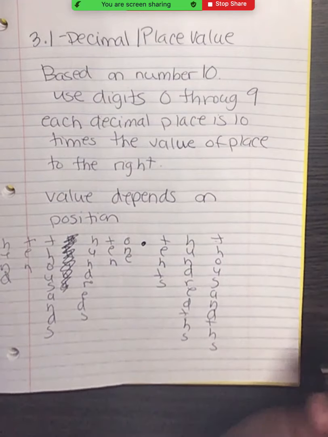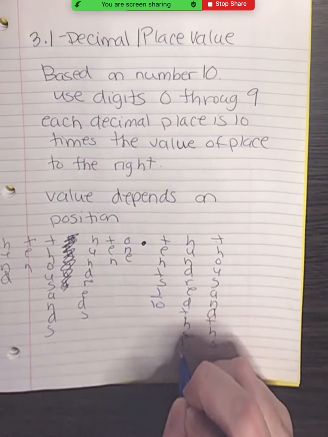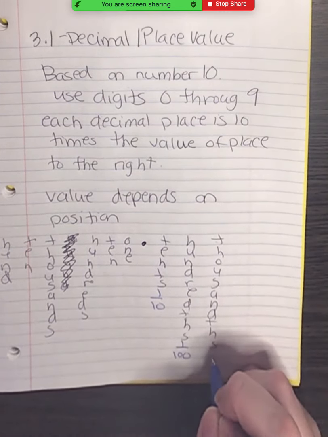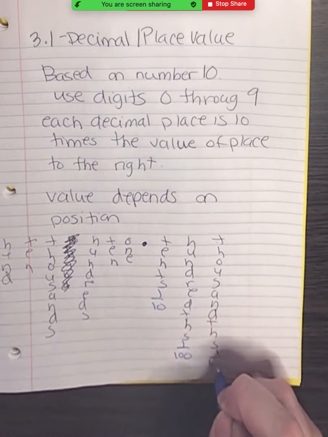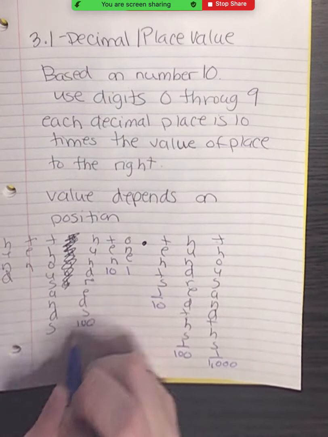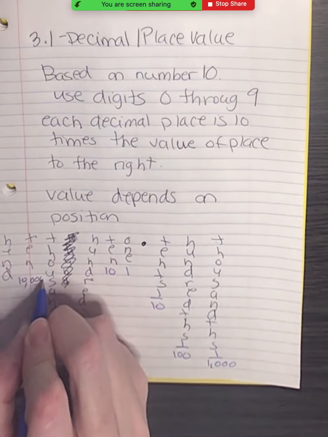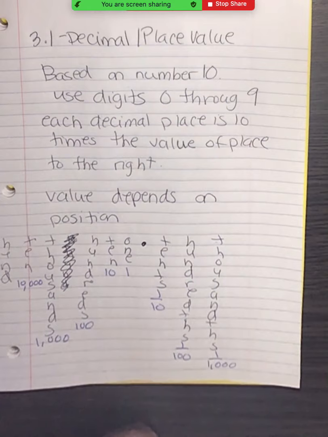And every one of them is 10 times the one to the right. So tenths, hundredths, thousandths, ones, tens, hundreds, thousands, 10,000s, and so on, okay? You're going to multiply the number to the right by 10 to get the next digit.